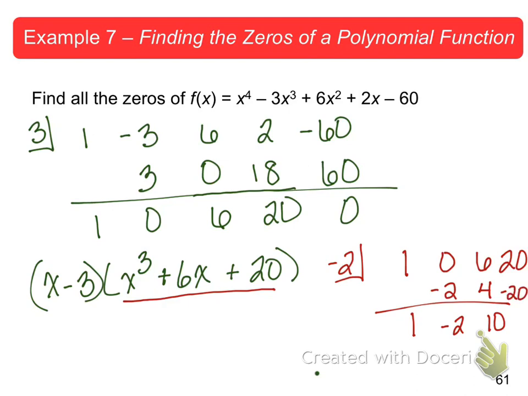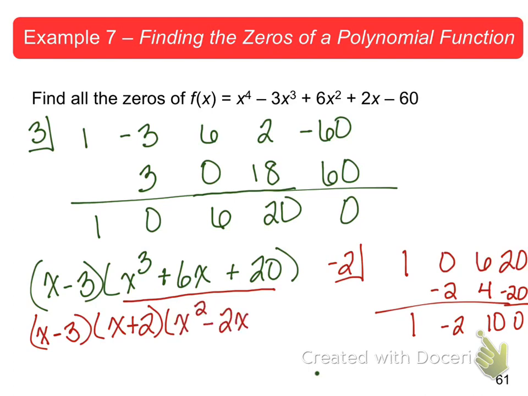So that works. So then this is what I've got now: x minus 3 times x plus 2 times x squared minus 2x plus 10.